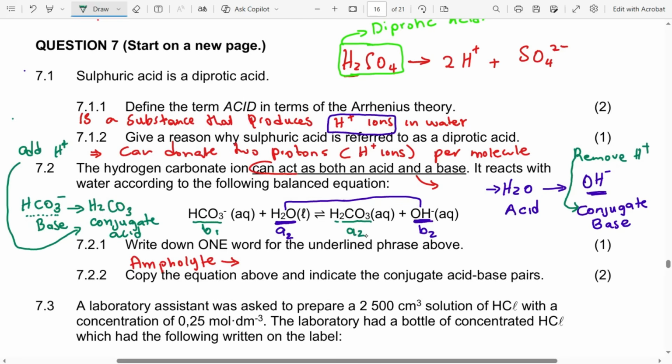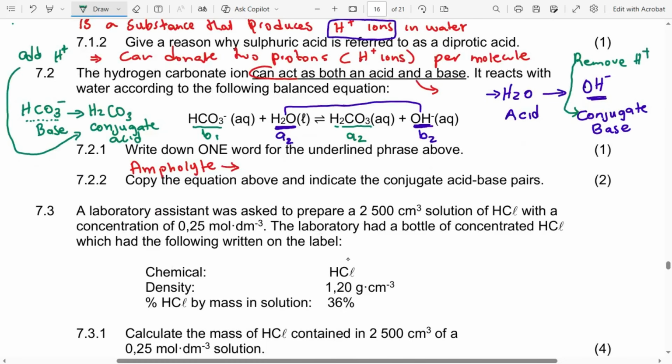So ladies and gents, whenever you remove the H plus, you create what? The conjugate base. For example, let's say I give you the HCO3 minus. Now let's say I remove the H, then the new one that I get will be CO3 2 minus.